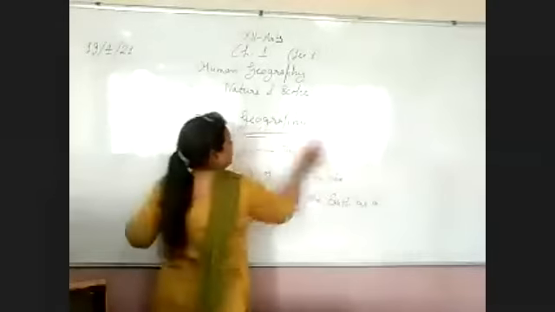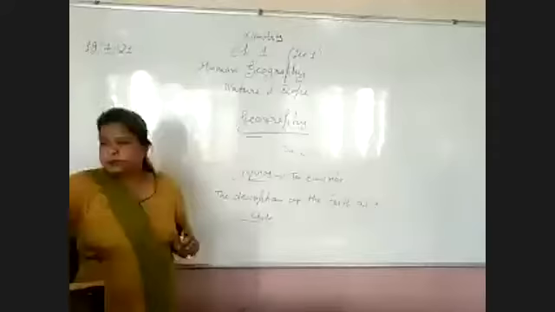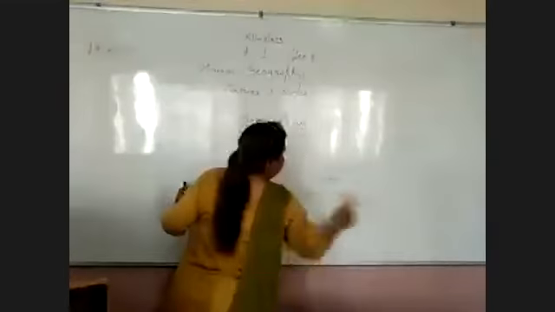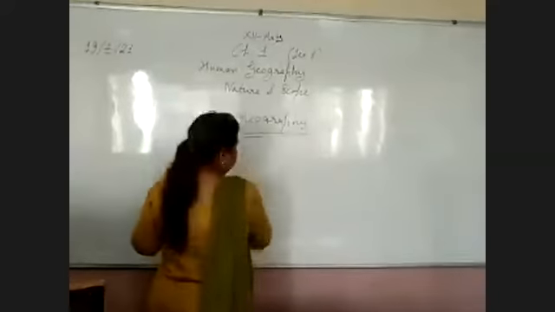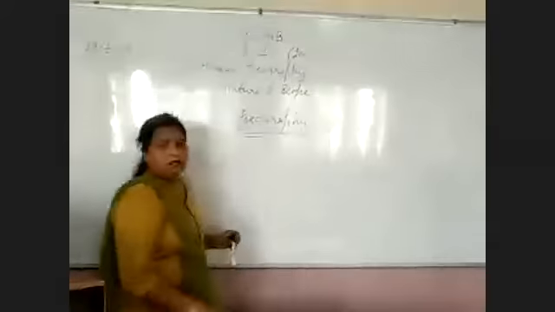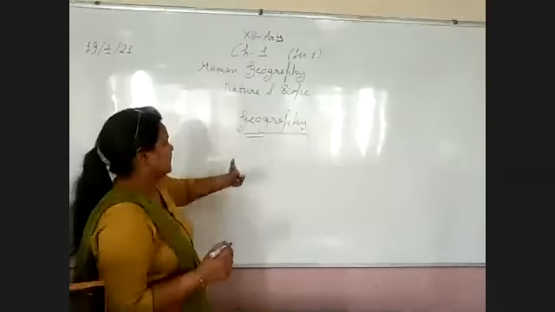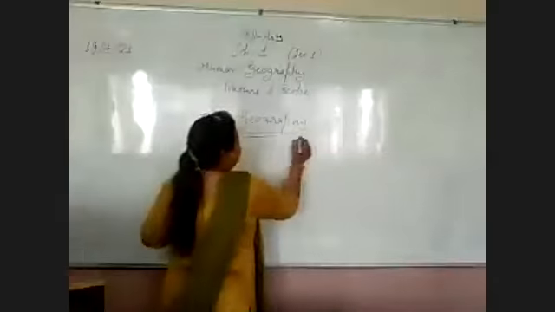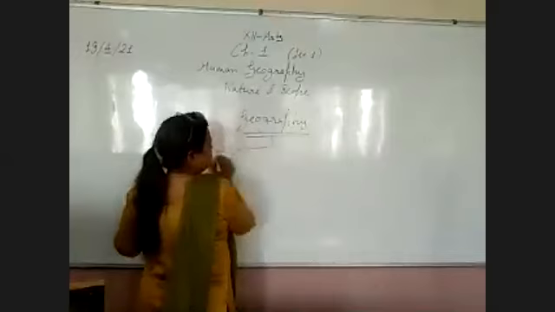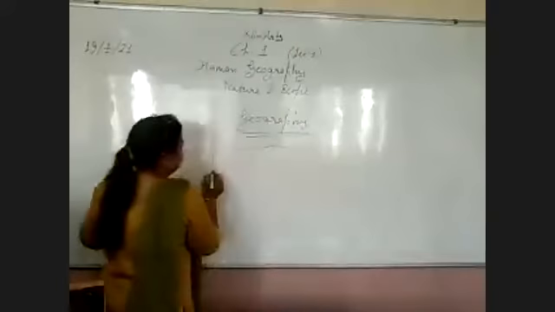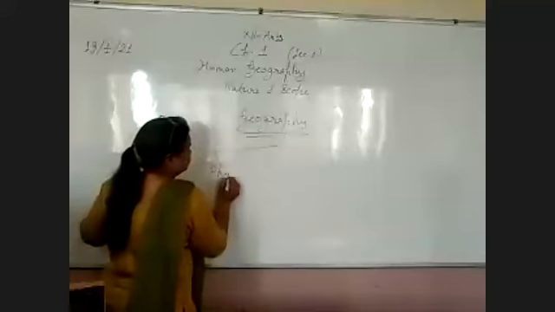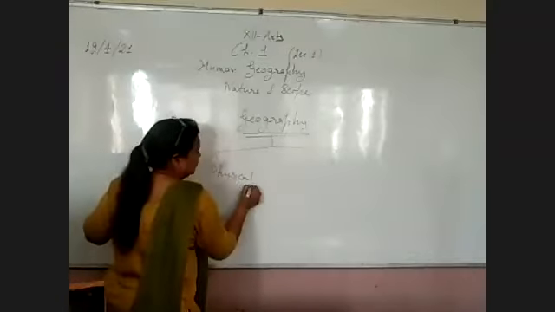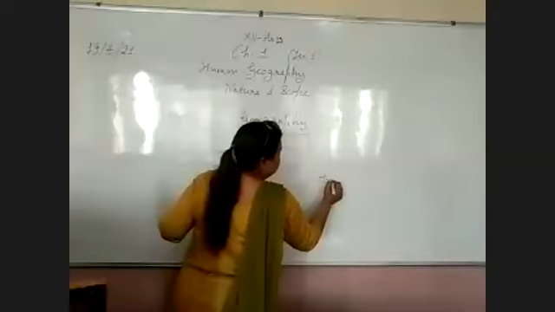Now geography has two branches. First of all, you must be familiar with the concept we are going to learn in this year. Geography has two branches. First is physical geography and second is human geography.